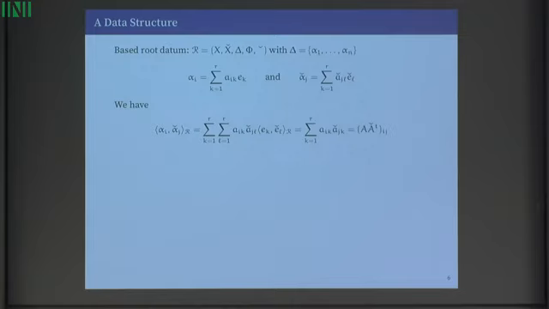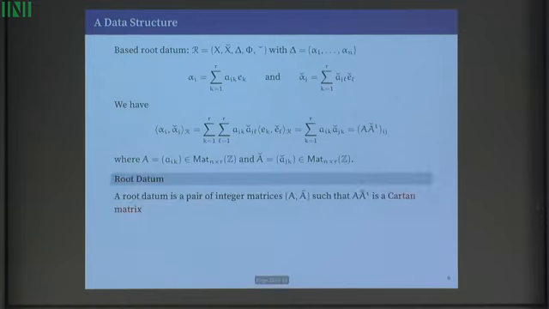So this is telling you that if A and A check are these matrices, then the product A times A check transpose should be the Cartan matrix. So in terms of the computer, when we think about a root datum, we think of a pair of integer-valued matrices, both with the same number of rows and columns, such that A times A check transpose is a Cartan matrix. That's all it is.